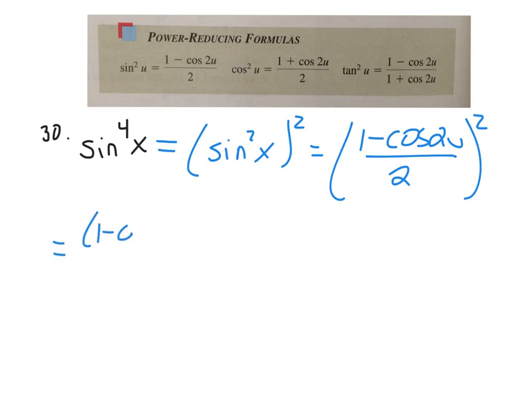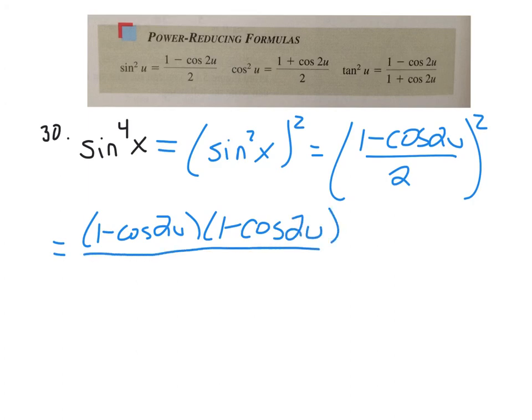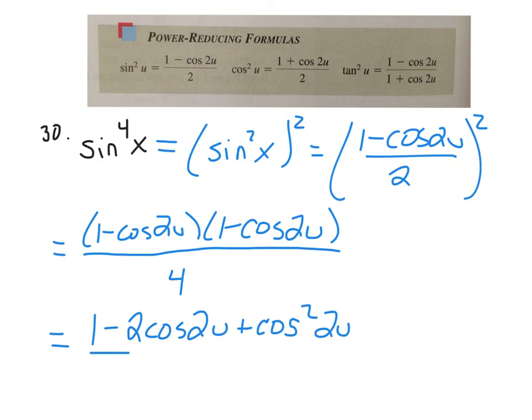Right, this is 1 minus cosine of 2u times 1 minus cosine of 2u over 4. So when we FOIL all that out, we get 1 minus 2 cosine of 2u plus cosine squared of 2u over 4.